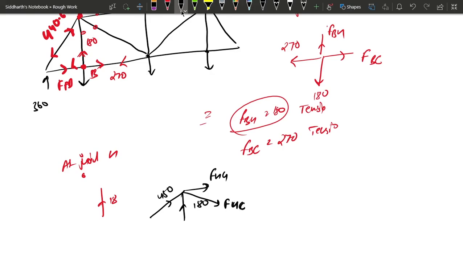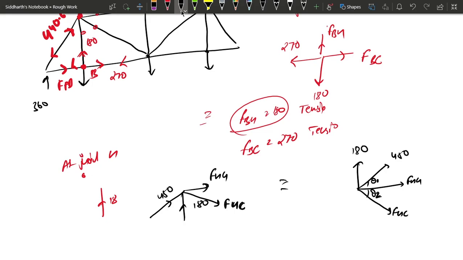So what we can do is simplify this. This is 180. We know this angle theta. This is force in HG, and we can find this angle. This one is theta 1, this one is theta 2.